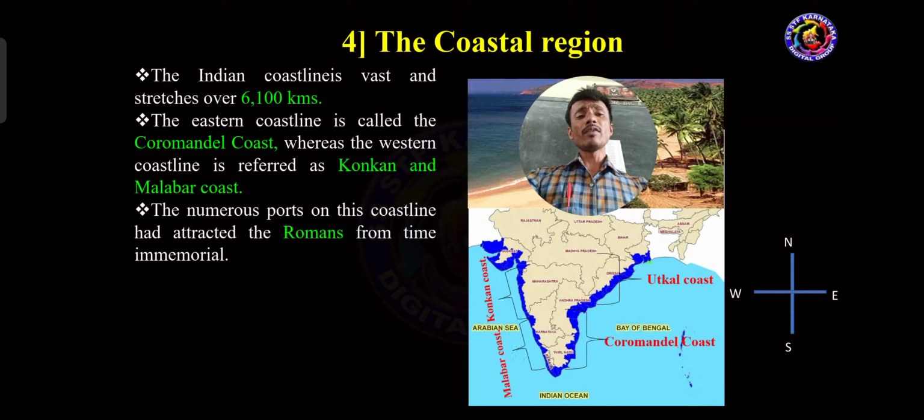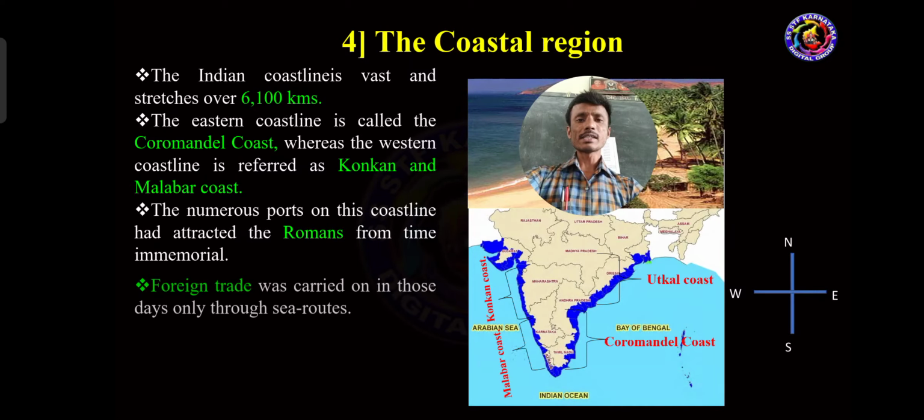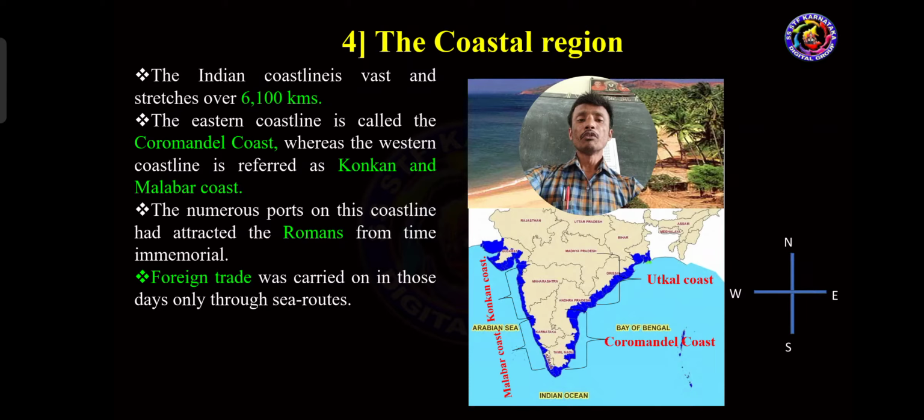Immemorial means very old, in ancient times. The Indian coastline attracted the Romans, and foreign trade was carried on in those days only through sea routes. At that time there were no better roadways, airways or railways, so the only better way was the sea route.